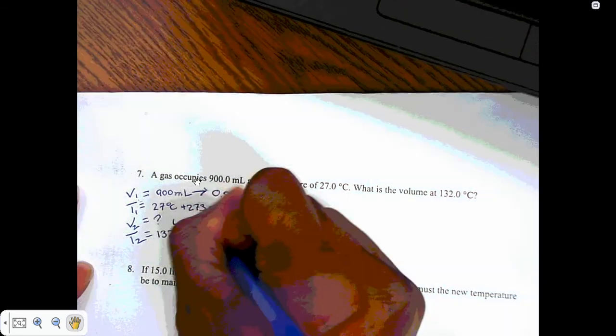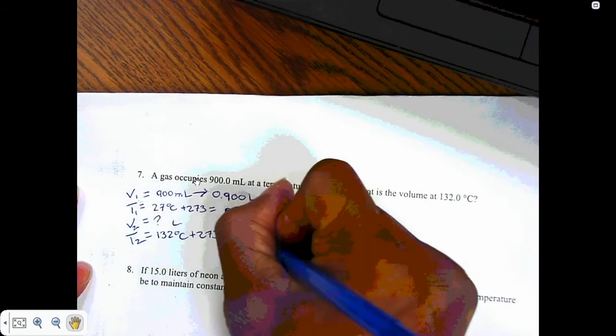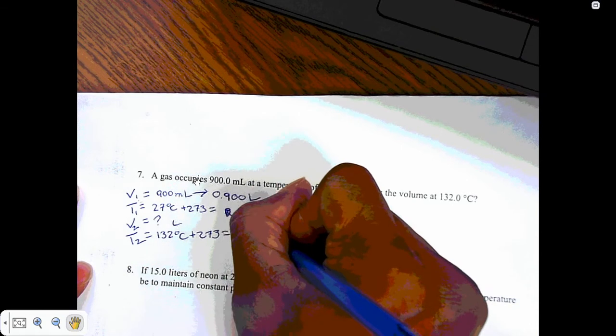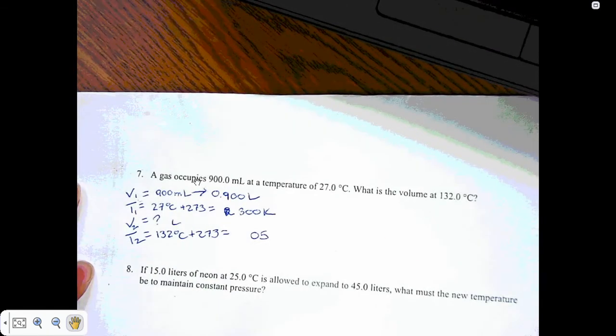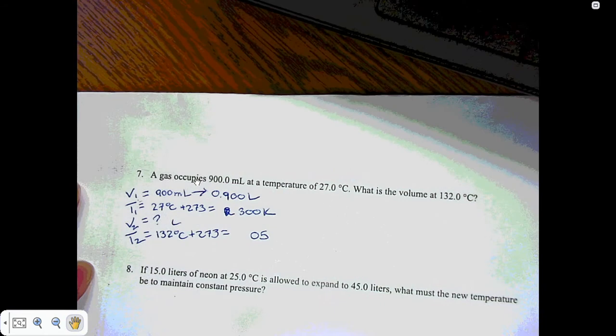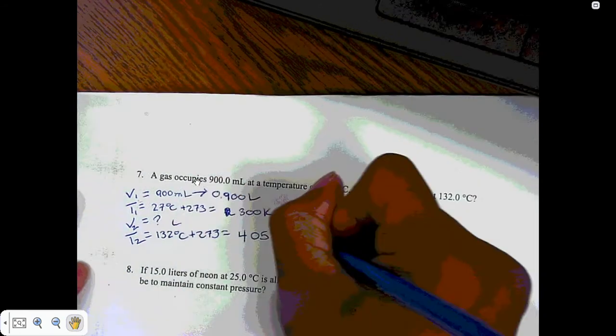And we're going to add 273 to this 132 to yield a value of, bear with me, 405 Kelvin.